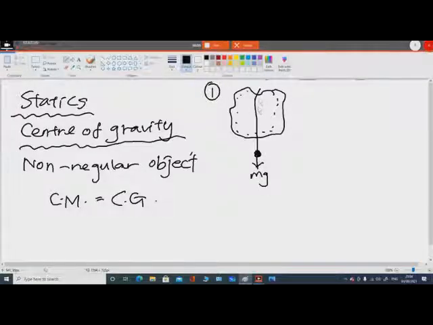The way we mark the position of this string is we use a marker pen to record the position of this string. So this is the first step.